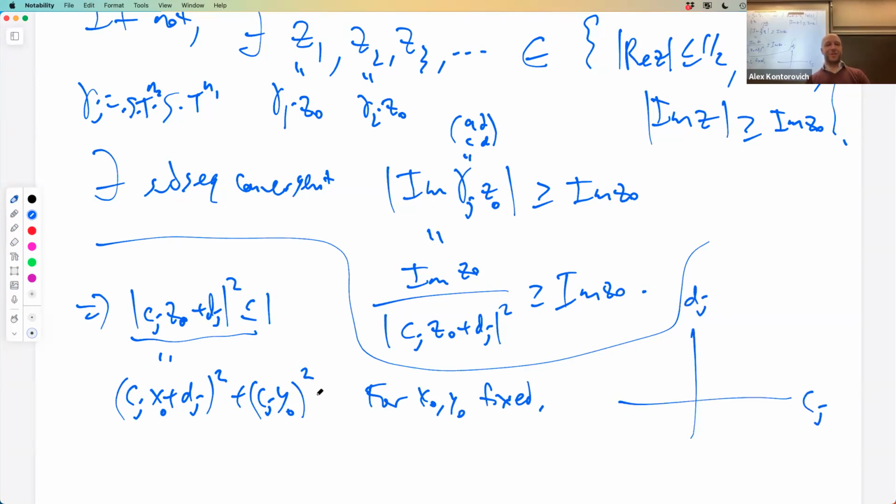This is kind of horrible notation. What is this region? What is this function? The C and the D are the variables, and I want to know the region where x and y are fixed. What's the region where this squared plus that squared is less than 1? It's just some ellipse. It's just some weird ellipse.